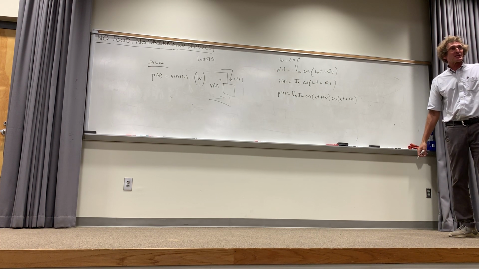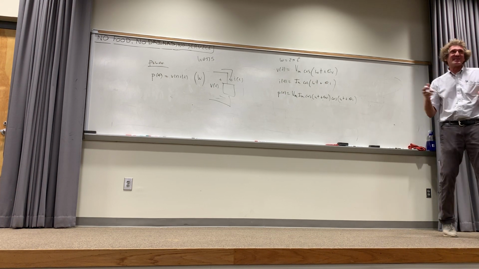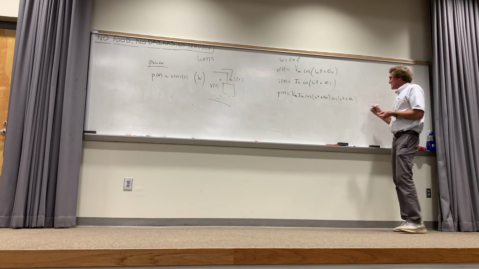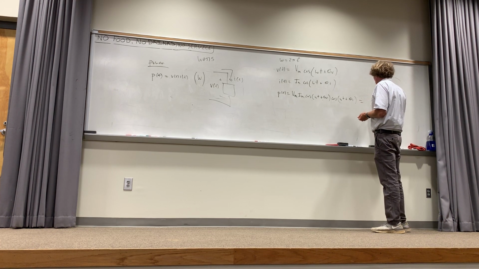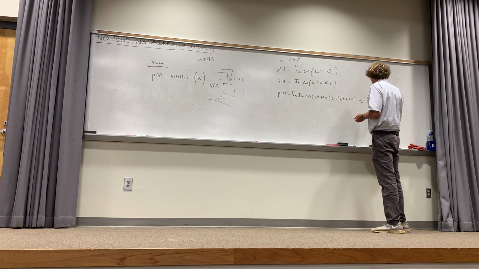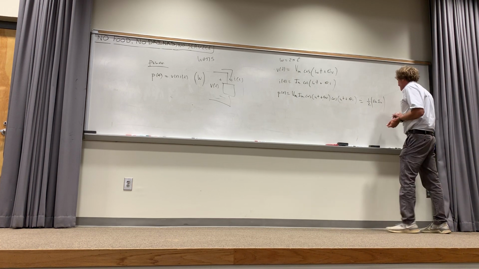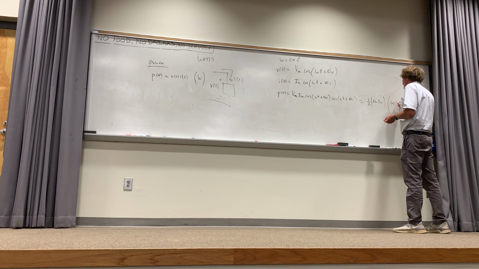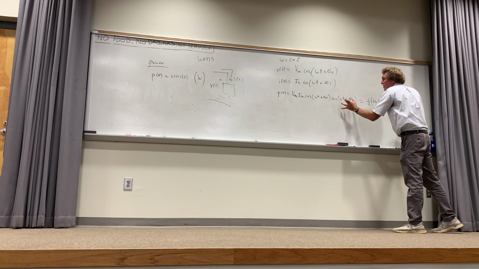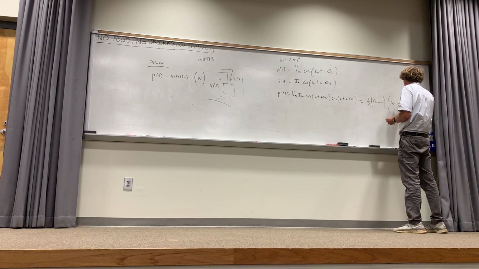Does anybody remember these things? This is going to be 1/2 times cosine of this angle plus this angle, cosine of 2 omega t plus theta v plus theta i.